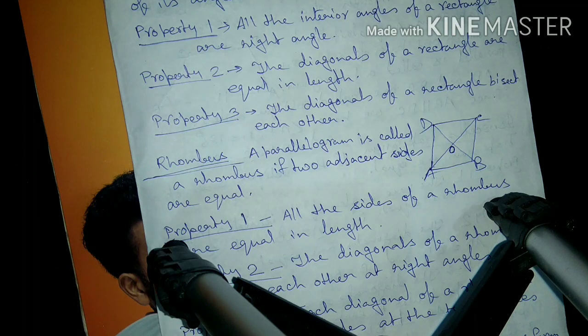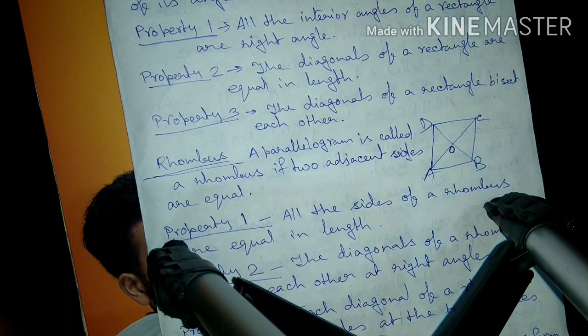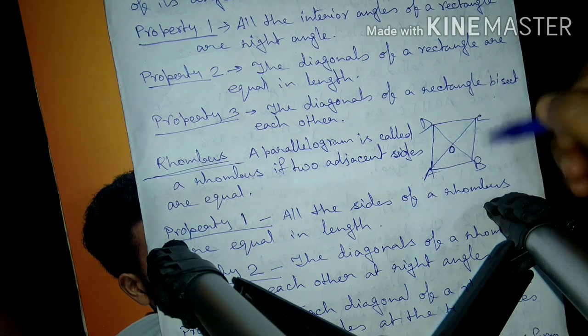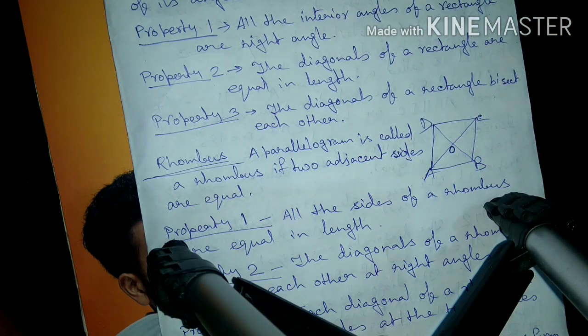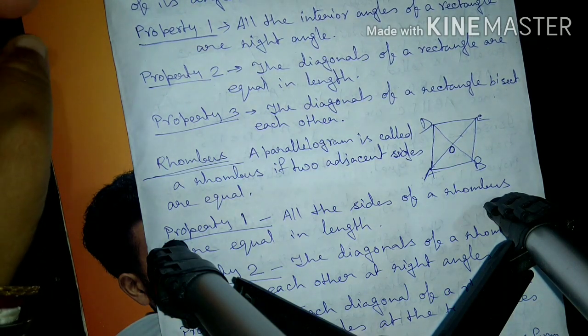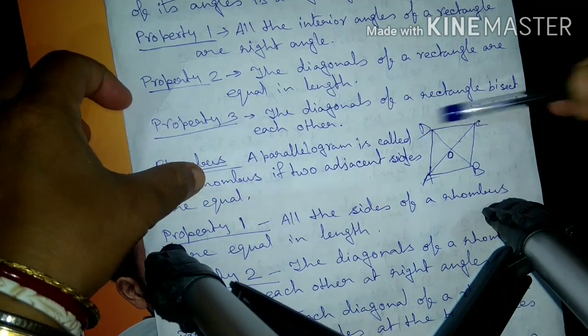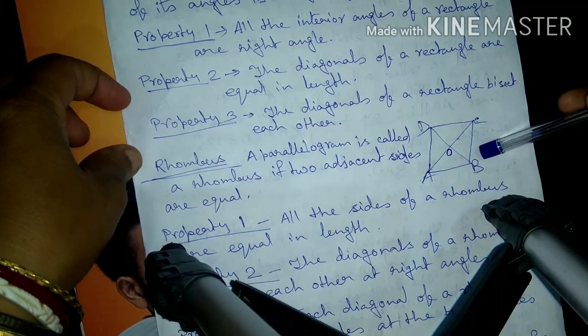A rhombus is like an inclined square. In a square, all the sides are equal, and the interior angles are 90 degrees, but in a rhombus it is not so. So a parallelogram is called a rhombus if two adjacent sides are equal.